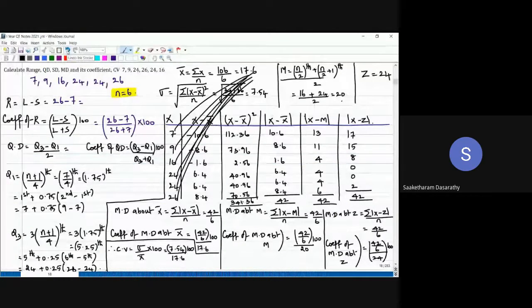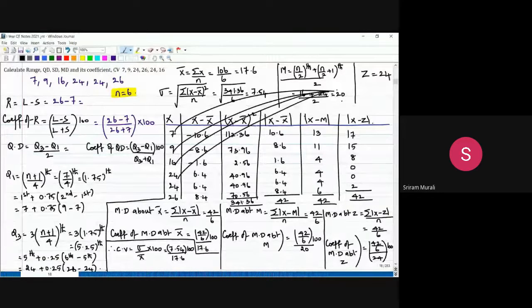Yes, sir, thank you. In the same way, for the median, 7 minus 20, 9 minus 20, 16 minus 20, 24 minus 20 has come here. Have you understood? Somebody asked, what is M?